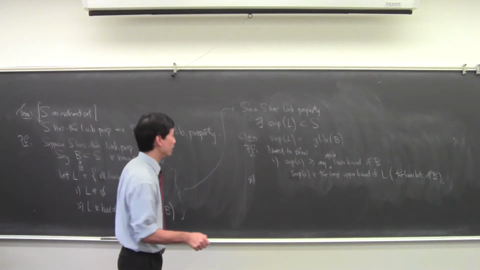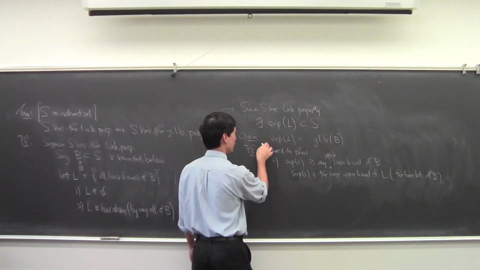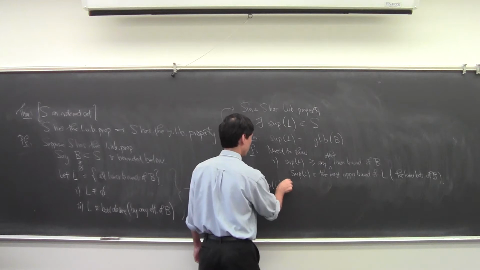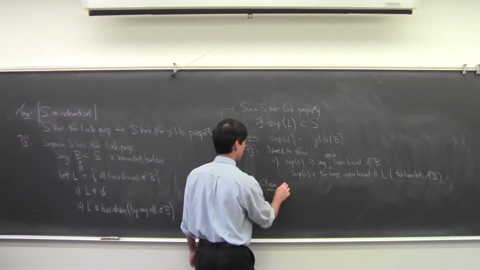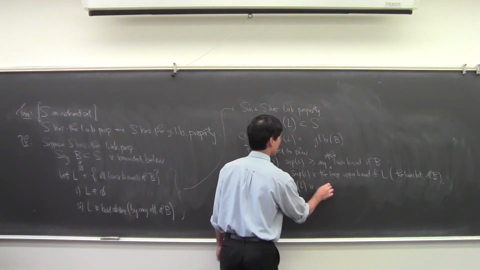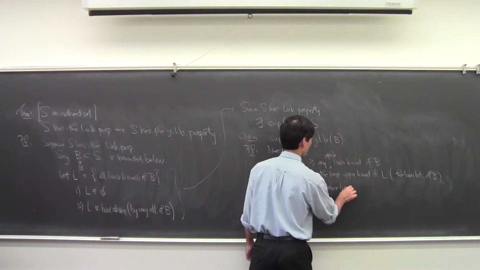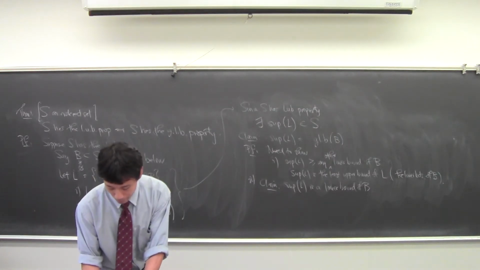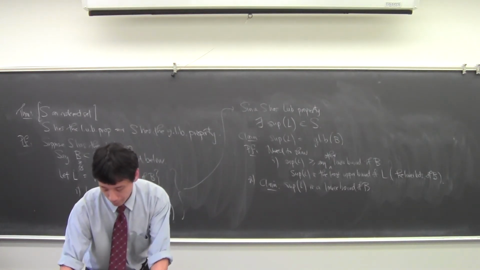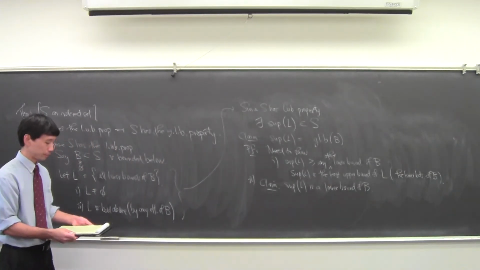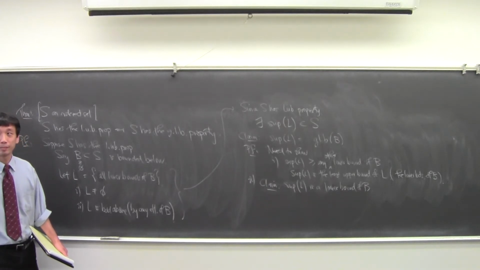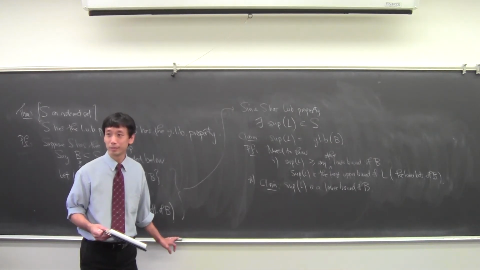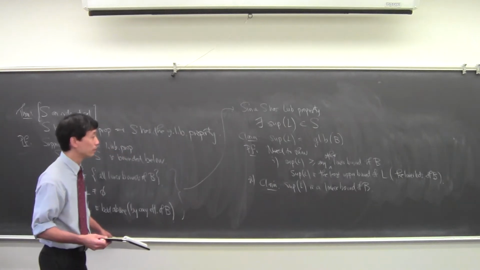The part that's difficult, the part that needs a little bit of work, is what we have to show then: claim, supremum of L is a lower bound of B. So the greatest lower bound is equal to the least upper bound?